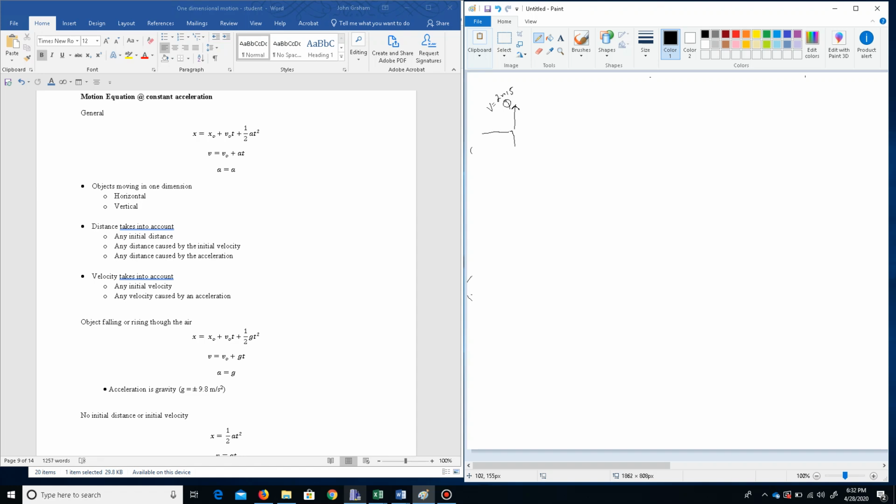When it comes down, we're going to miss it, and it's going to fall off a cliff. Let's say only 5 meters high. So it's not a high cliff. Which, I mean, what is that? About maybe 15 feet. So it's not too high, but we're tossing it up and then it's falling down. We want to know a couple things. Maybe we want to know how high it goes.